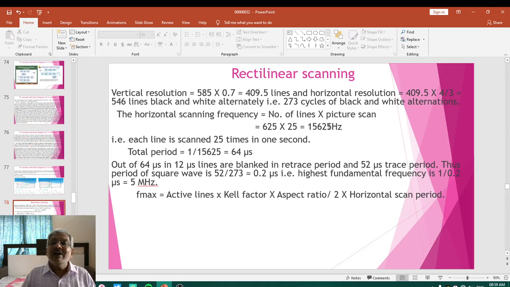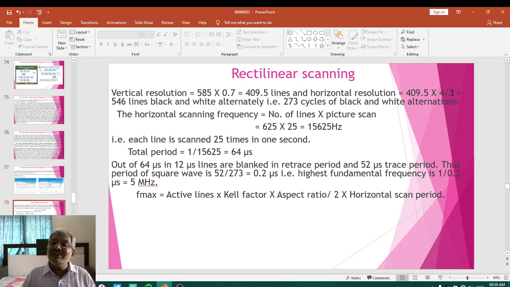Friends, as we have studied, 585 active lines are scanned with the vertical resolution equal to 585 into 0.7, that is 409.5 lines, and horizontal resolution is equal to 409.5 into 4 by 3, where 4 by 3 is the aspect ratio.